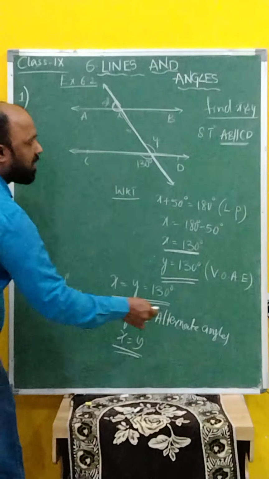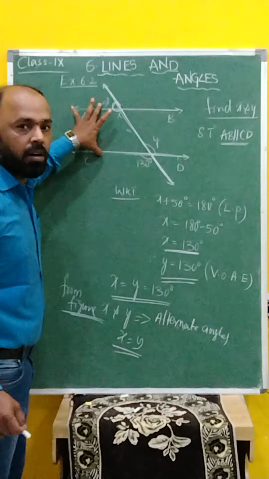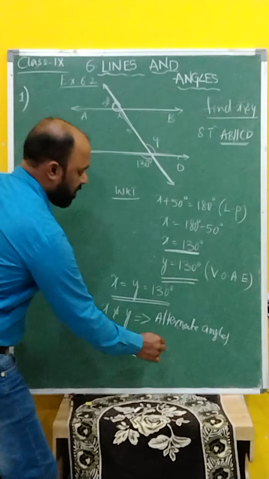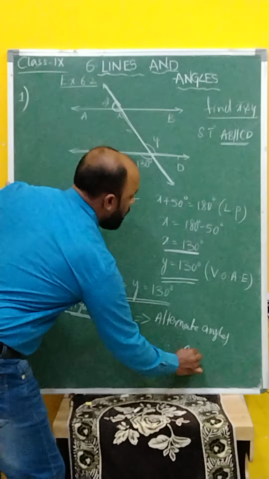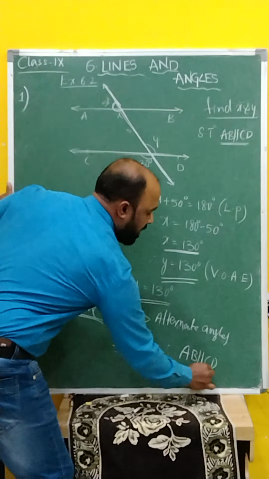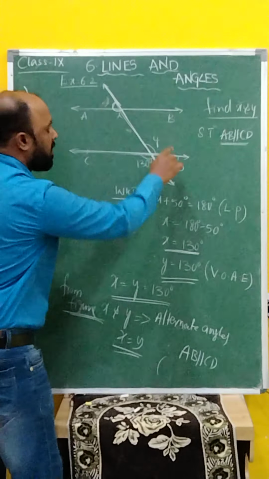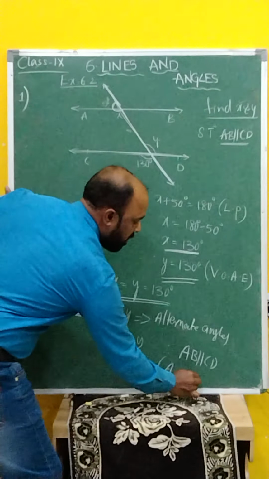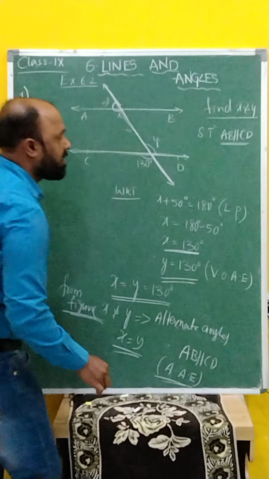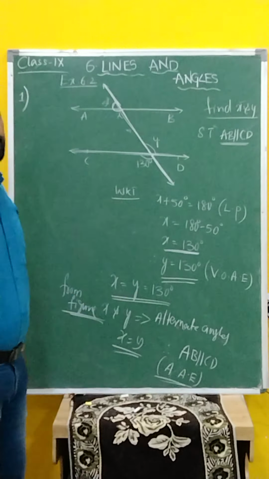When alternate angles are equal, then these two lines, what are they? Both are parallel. Therefore, AB is parallel to CD. What is the reason? Alternate angles are equal. That is the reason. Clear children? It's a very simple question.